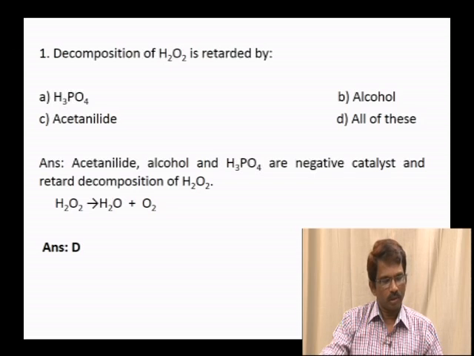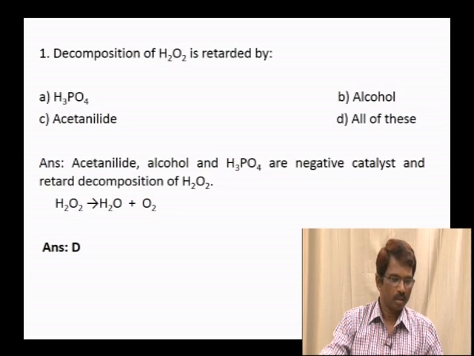The decomposition of hydrogen peroxide can be retarded or slowed down by the addition of either phosphoric acid or alcohol or acetanilide. All these substances retard the decomposition of hydrogen peroxide, and hence the correct option is option D.